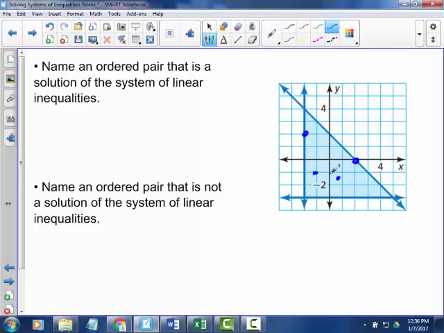So I'm going to say (-1, -1) here would be an ordered pair that is a solution, and then one that is not a solution. Again, got a lot of choices. Just going to come out here, and (4, 4) is not a solution.